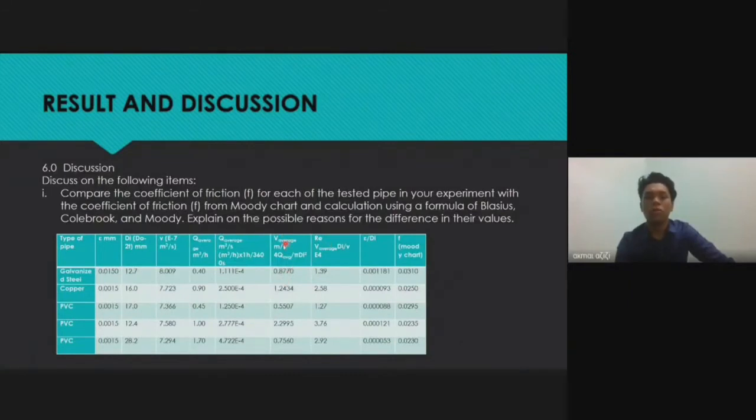After we get the Q, the V, and the viscosity, we can calculate the Re, and then we calculate the epsilon over D. From both values we can get the F on the Moody chart.